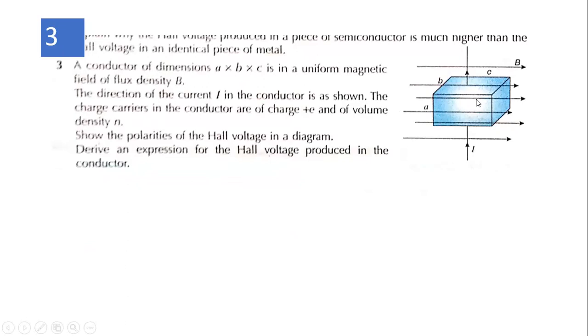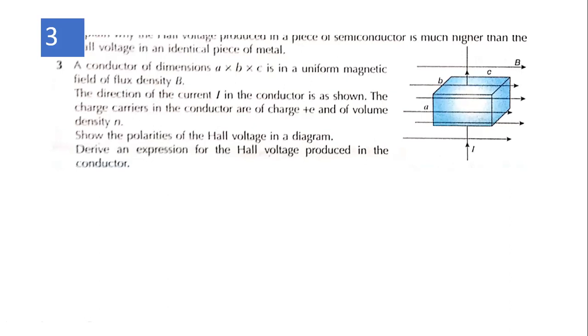As shown, the charge carriers in the conductor are of positive charge e and of volume density n. Show the polarity of the Hall voltage in the diagram.